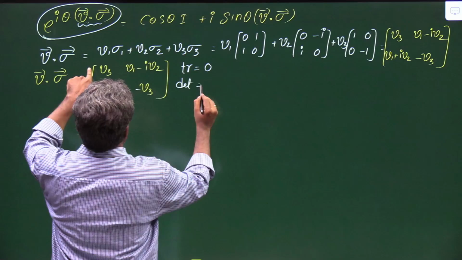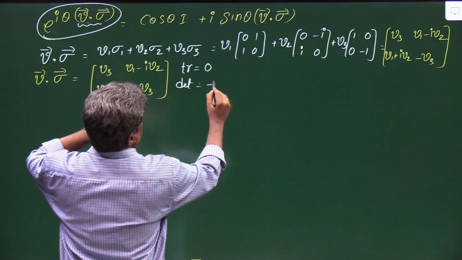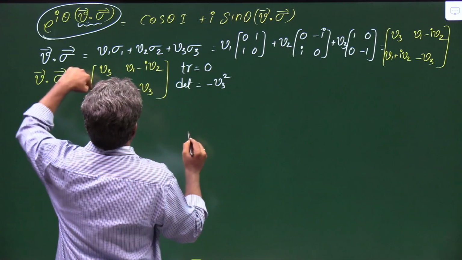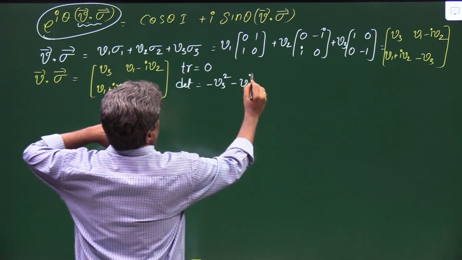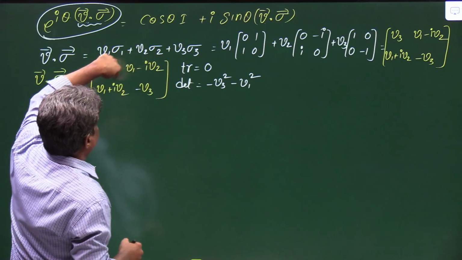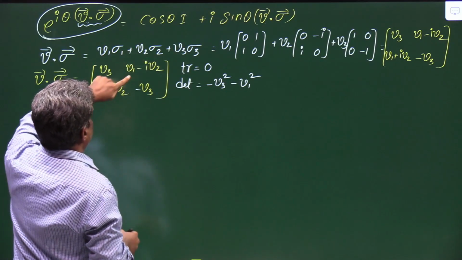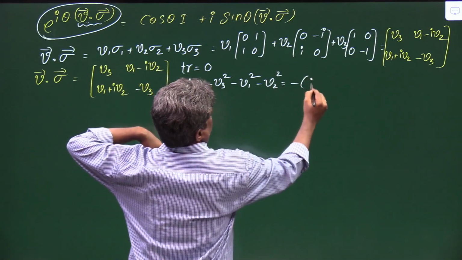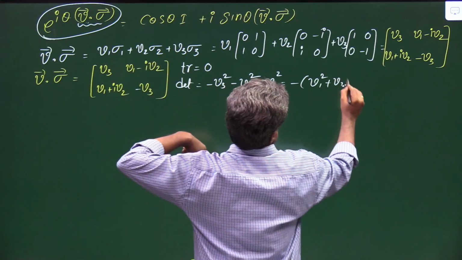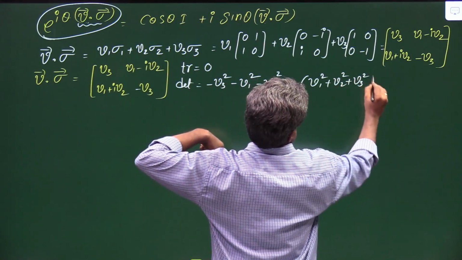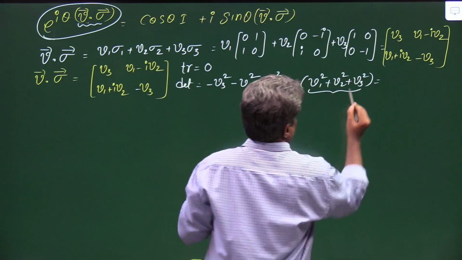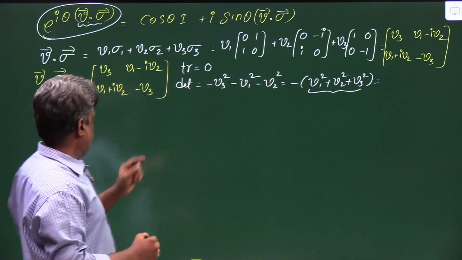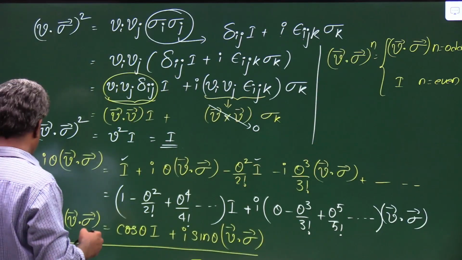The determinant is, here we got minus v3 square, and minus v1 square, and after that of course minus v2 square again, which is nothing but minus of v1 square plus v2 square plus v3 square. You know this v is the unit vector, already given in the question.